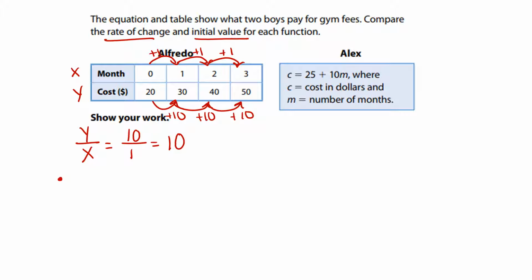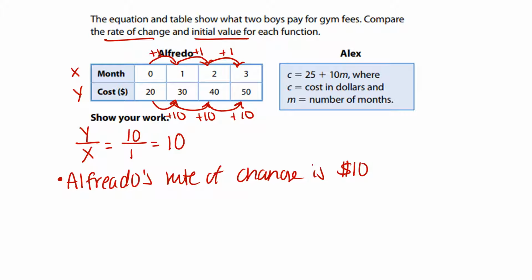We can say that Alfredo's rate of change is $10, meaning it costs $10 for 1 month. Now for Alfredo's initial value, the initial value is where it starts at 0.